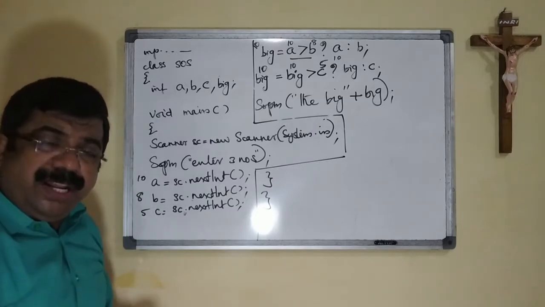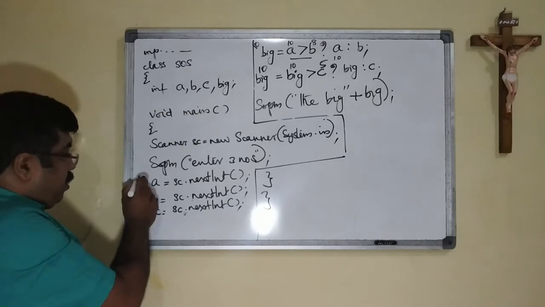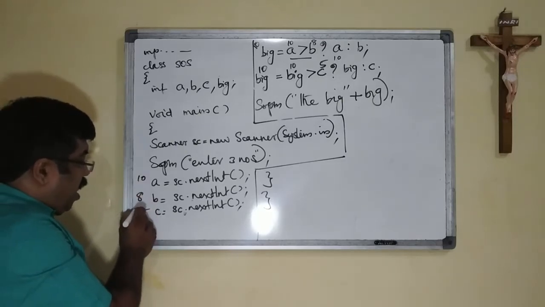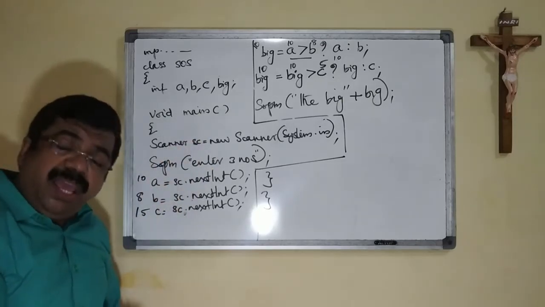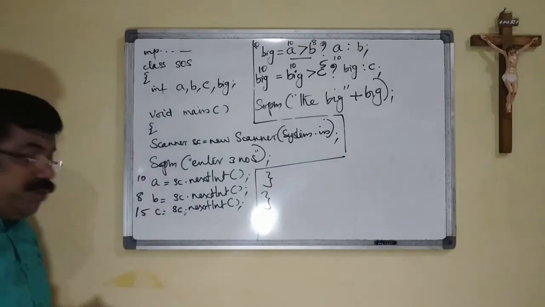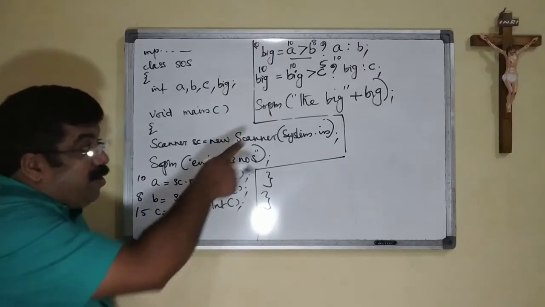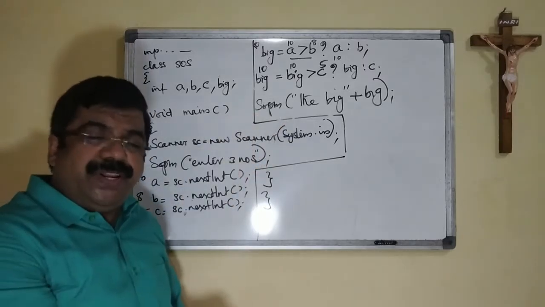Let us have another example. We are assuming 10, 8 and 15 as A, B, C. When you look here, you can see 15 is the biggest one. We should get the output as 15.